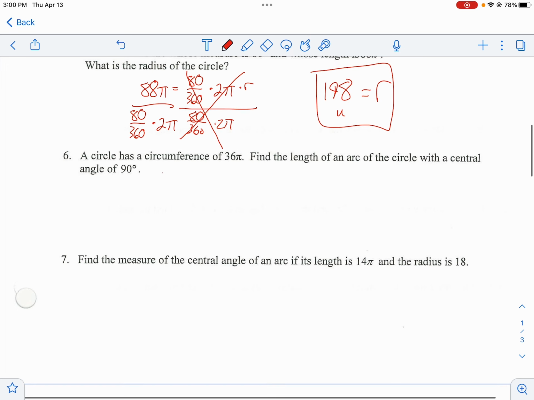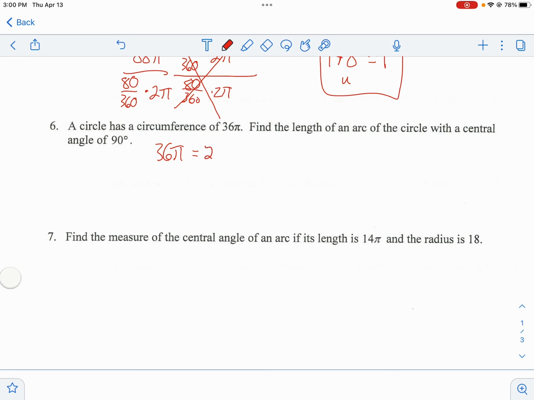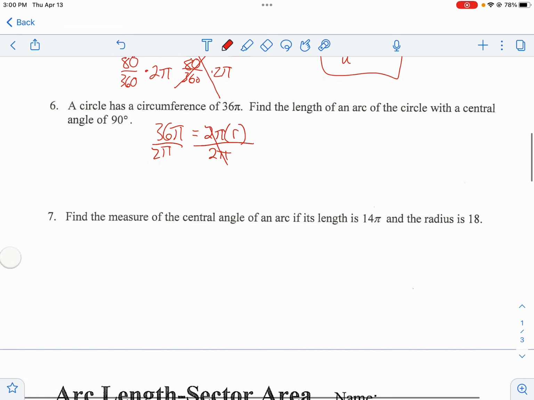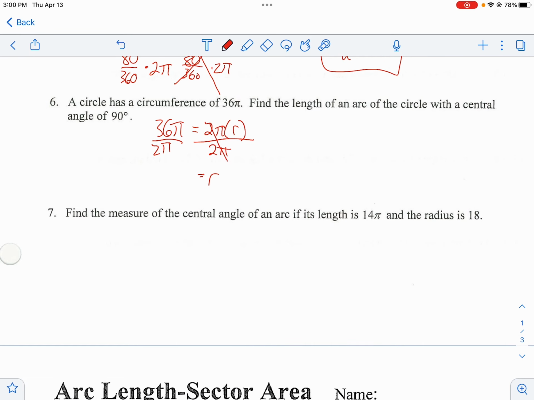Next one, circumference 36 pi is equal to the circumference formula, which is 2 pi r. Don't know what the radius is for now, so I'm just going to divide both sides by 2 pi. I'm left with the radius is equal to 18. Pi's cancel, 36 divided by 2 is 18. Find the length of an arc, so I'm going to say length is equal to, they gave me the central angle is 90, times 2 pi times 18.